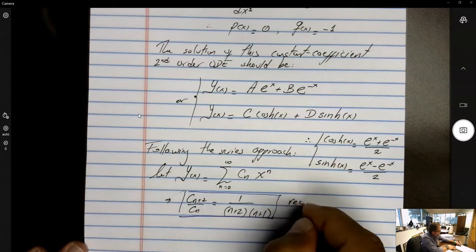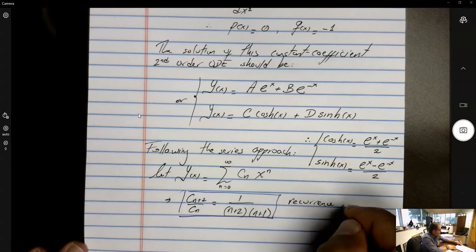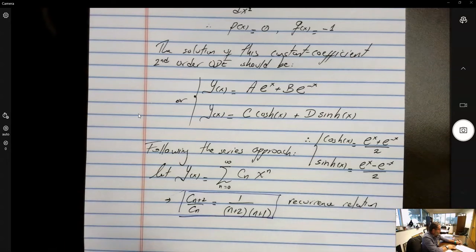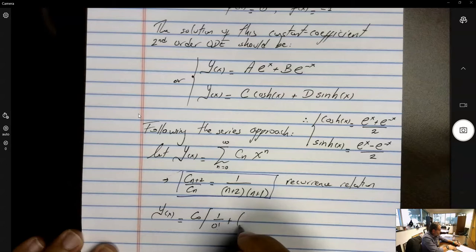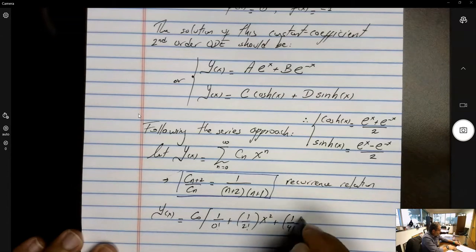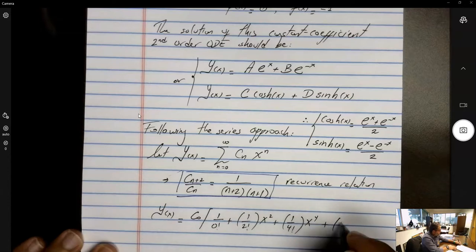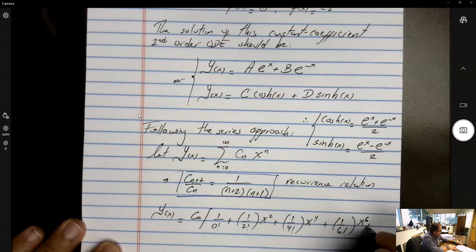So this is a recurrence relation, leading to a solution y of x. Do the whole analysis the same way we just did it. We'll find 1 over 0 factorial plus 1 over 2 factorial times x to the 2 plus 1 over 4 factorial times x to the 4 plus 1 over 6 factorial times x to the 6, and so on and so forth.